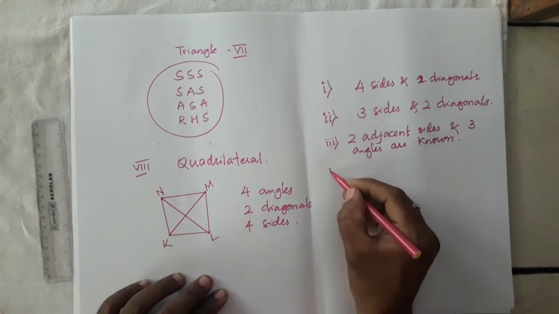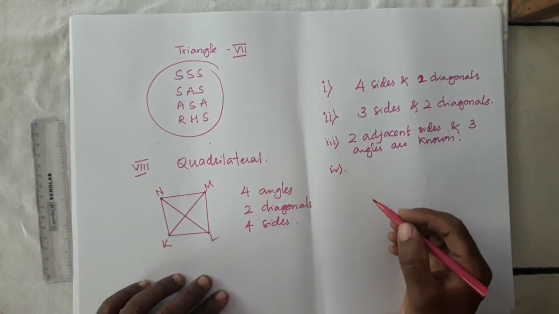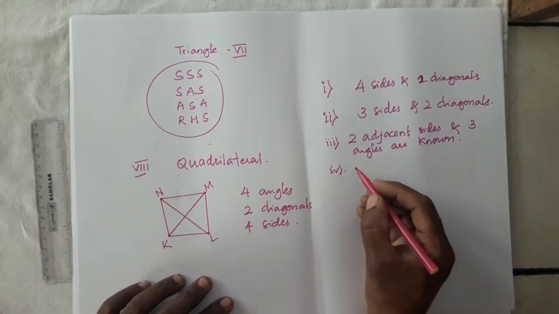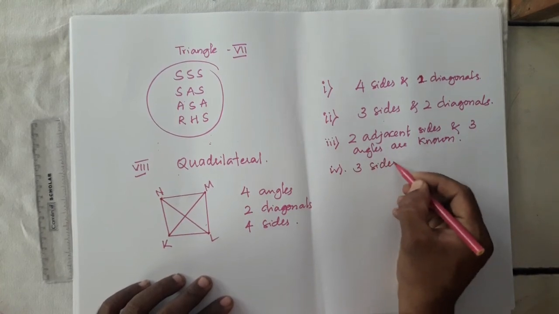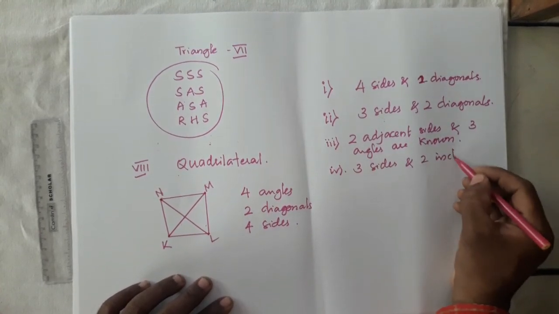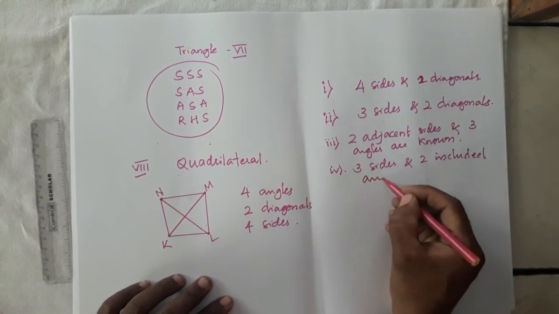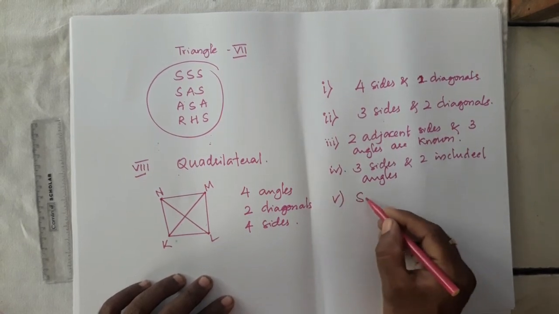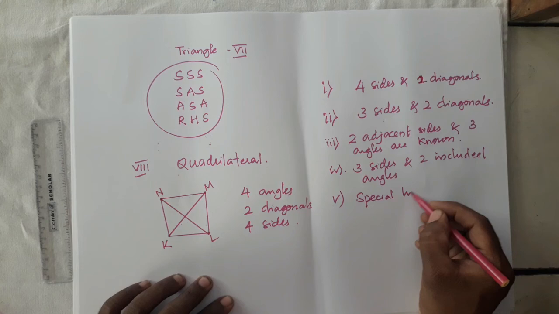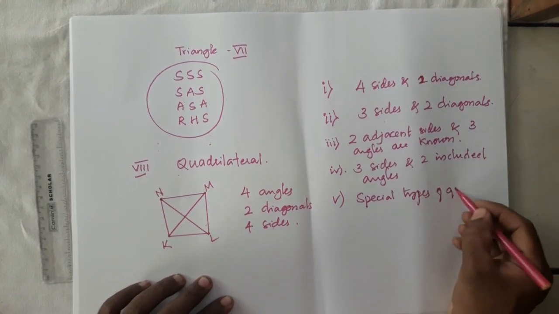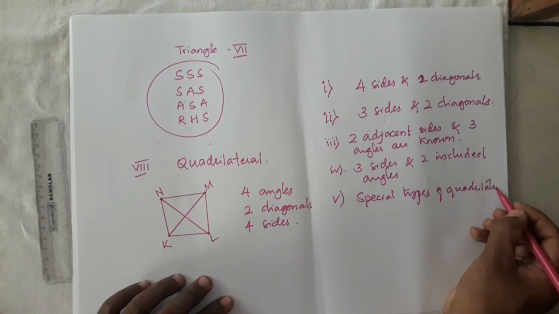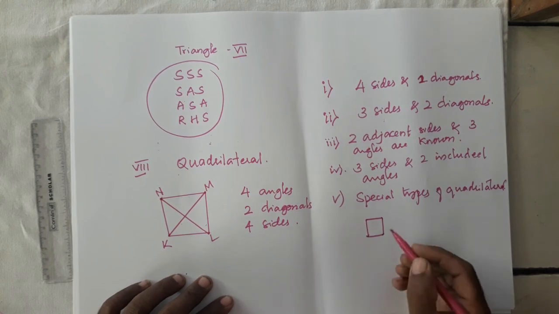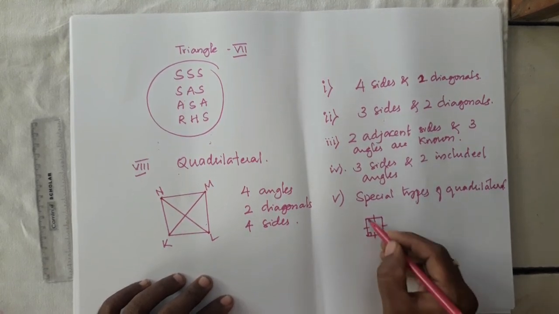The fourth type of construction is when 3 sides and 2 included angles are given. And the last type of construction is construction of some special types of quadrilaterals, like a square. We all know that a square has all 4 sides equal, and 4 angles that measure 90 degrees.